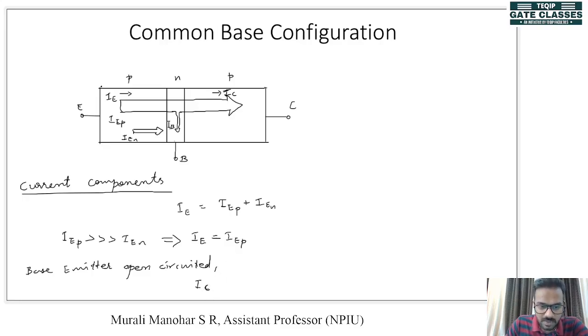And that current was called ICO, which is collector current when emitter base junction is reverse biased, right? This collector current ICO, it is also called the leakage current.